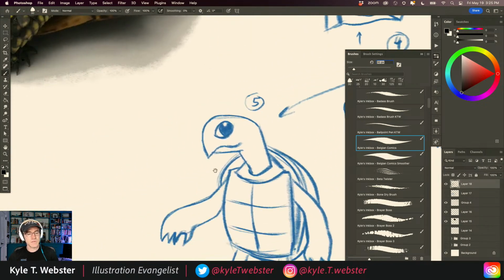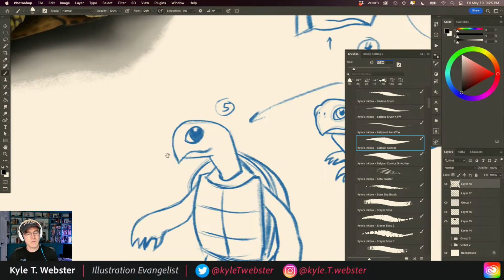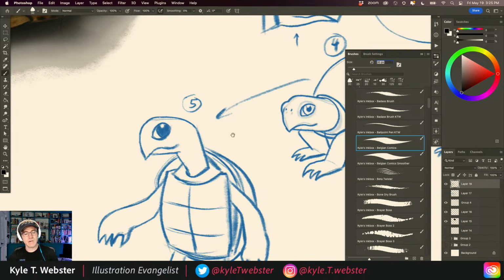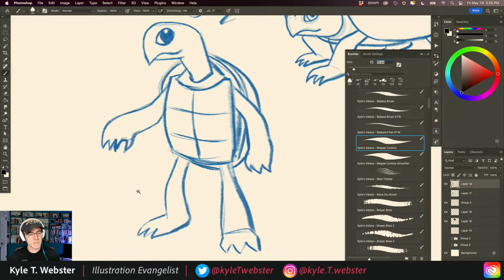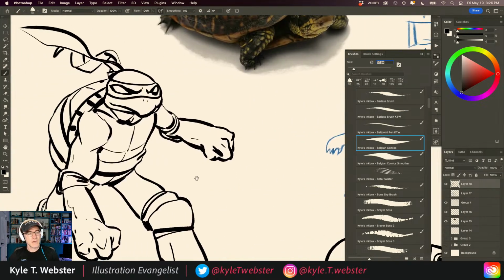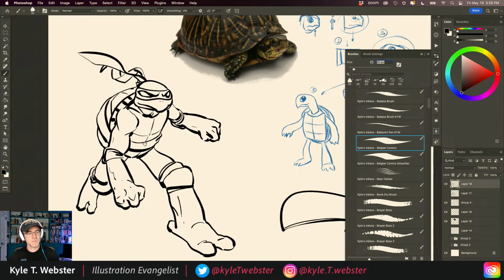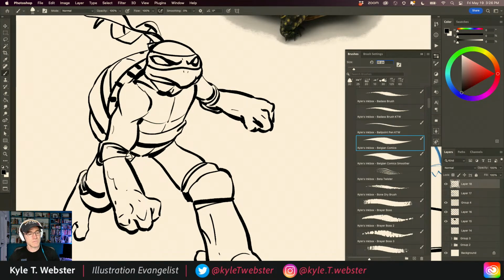Simplify eye some more. We eliminated the nostrils. We made the mouth into a simple S curve. That happened here. We stood it upright, elongated the limbs. Simplified this whole area. And then, of course, we went all out and added all the extra goodness. And now you have a Ninja Turtle. And that's how you do it, folks.